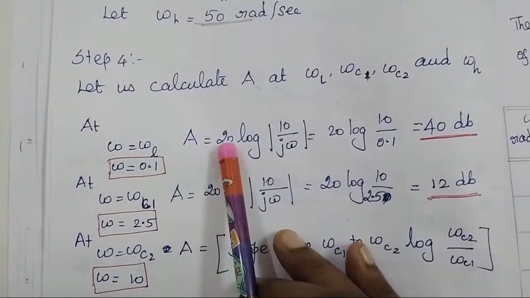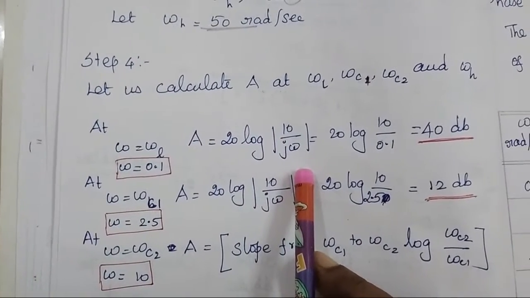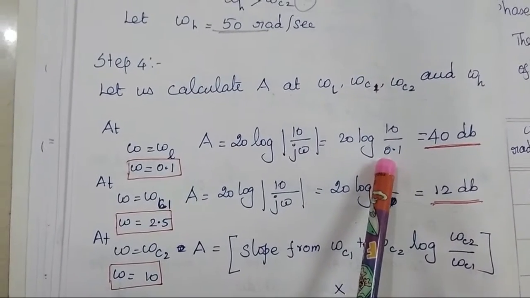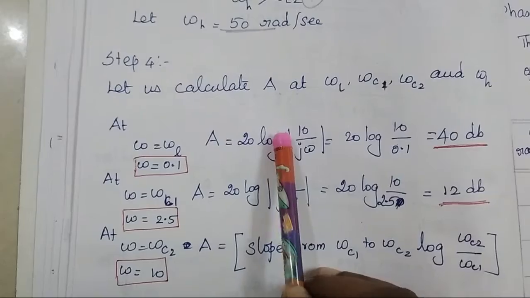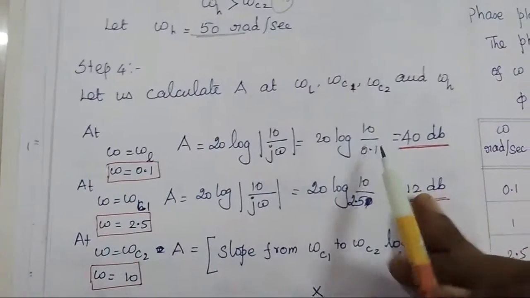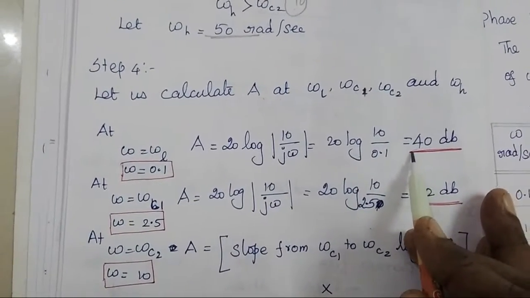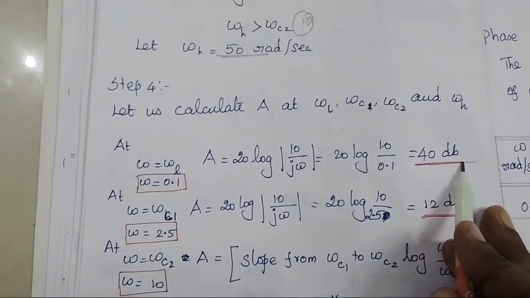So A, the gain, equals 20 log of the modulus of 10 by j omega, so in this omega you put 0.1. It is a modulus, so irrespective of the j term, the complex term, while substituting 20 log 10 by 0.1 in a calculator, you will get 40 dB.